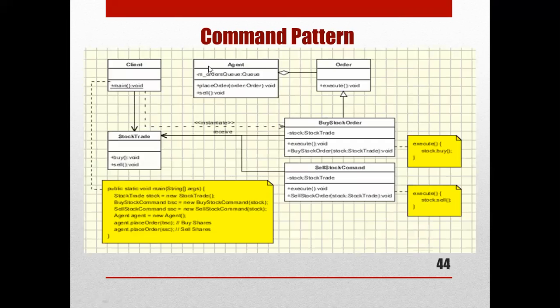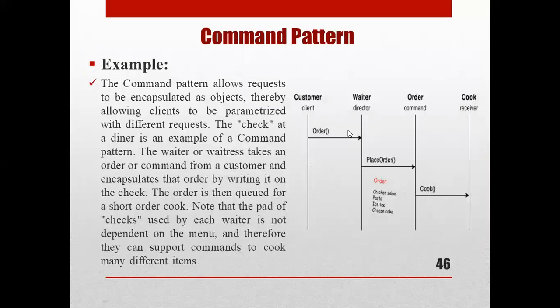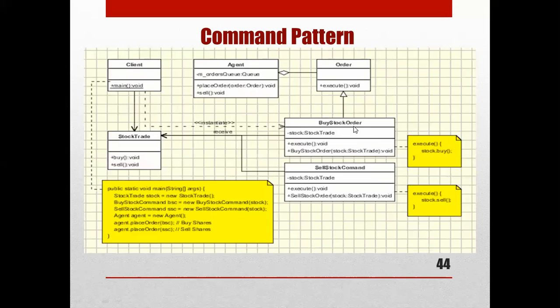Here you can see the example for that. The client, one agent, then the order class. Here you can see the BuyStockOrder class. The client will instantiate this BuyStockOrder class, having some properties, attributes and methods. It will execute the stock buy method; here you can see the note.